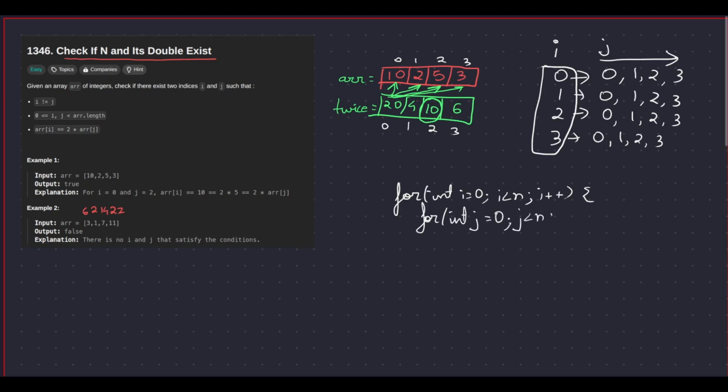So j less than n, j plus plus, and if twice of arr of i equals arr of j, return true. That should be it, right?